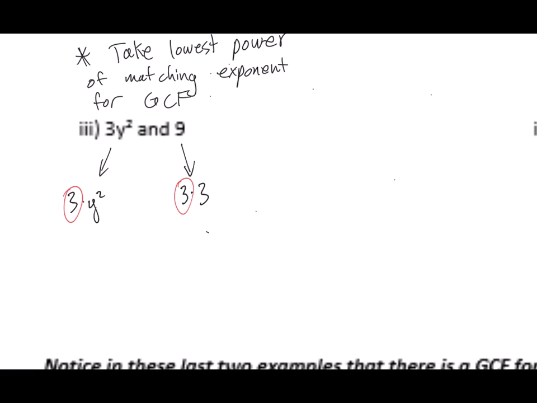So our GCF in this case equals 3. So the key idea here is to just match the prime numbers for the coefficients and then match the variables' lowest power for the variables. That's it. Let's go and take a look at this next problem here to the right.